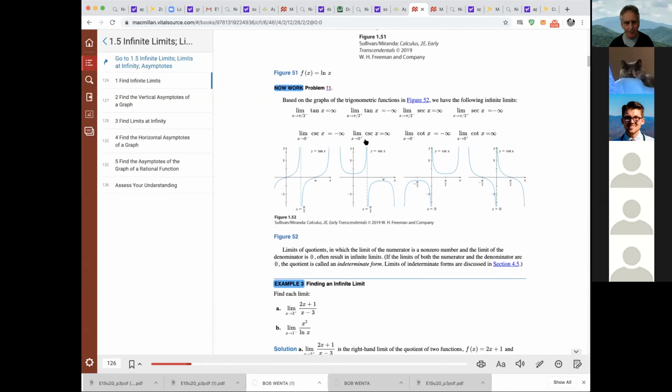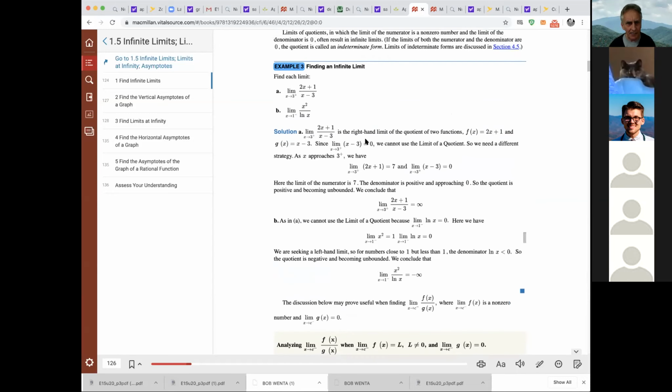But for right now, I want to move on to look at a couple of examples here. This is kind of an important one because this is something that could possibly come across on a quiz. Look at this first question. The limit as x approaches 3 from the right, okay?